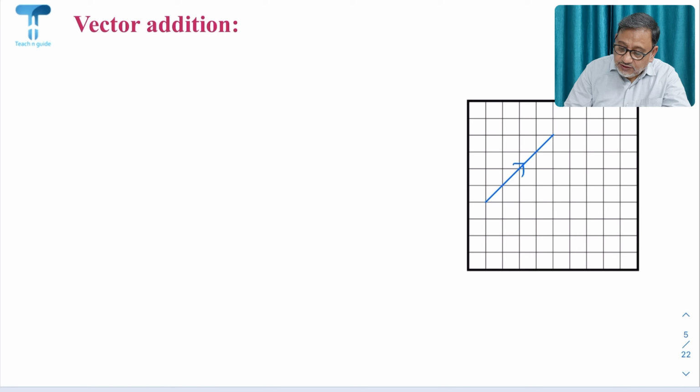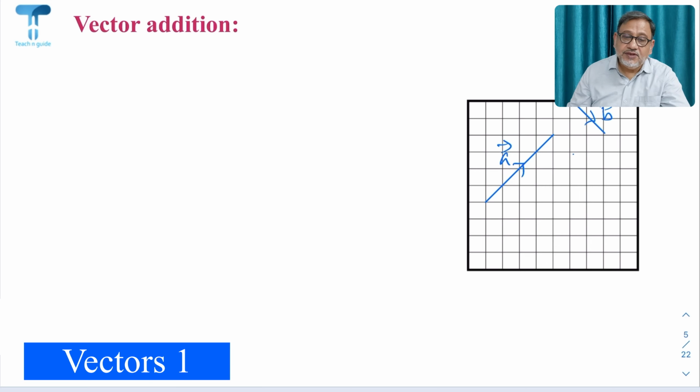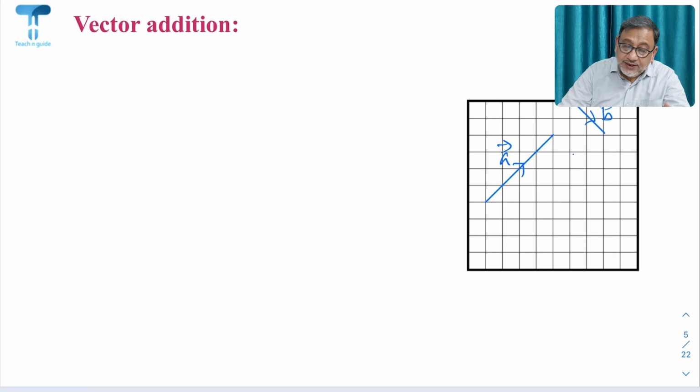This is my one vector, vector A, and there is another vector B. Now to add vector A and vector B, what do I have to do? Where one ends, the second should start there, isn't it? So I have to draw that vector B here, with exactly the same size and same direction. So this is the vector B.